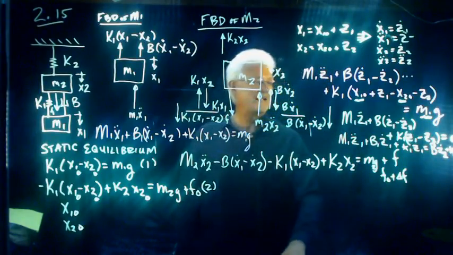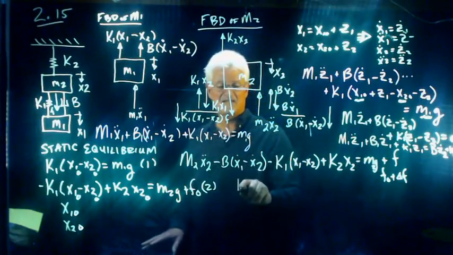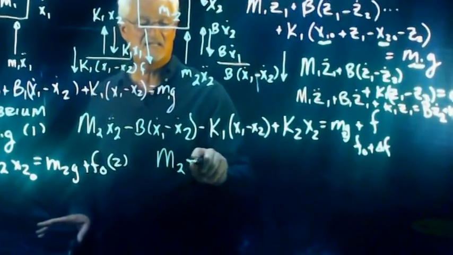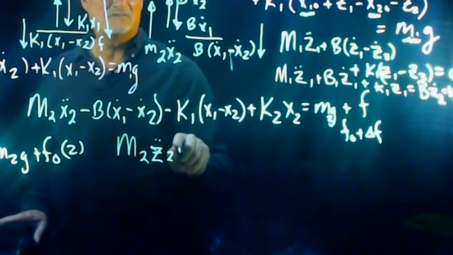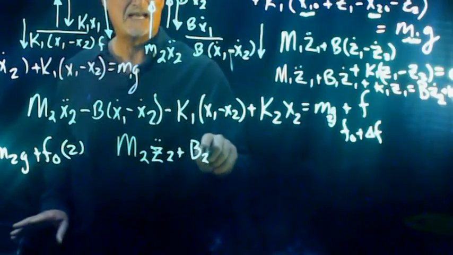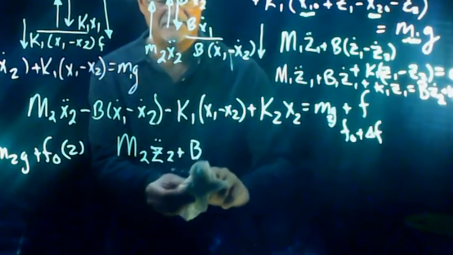So now I'm going to look at this second equation. Let me just write that one again. I have a little bit more space here. m2 z double dot 2 plus b times, there's no 2 here, so I don't need that 2, get rid of it.